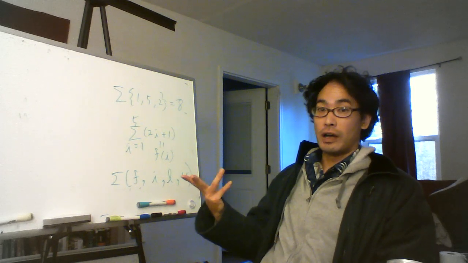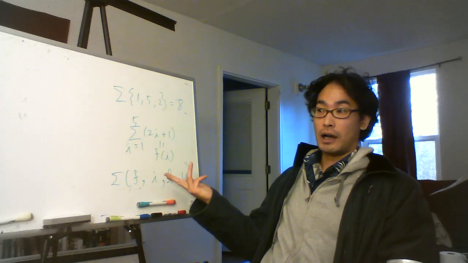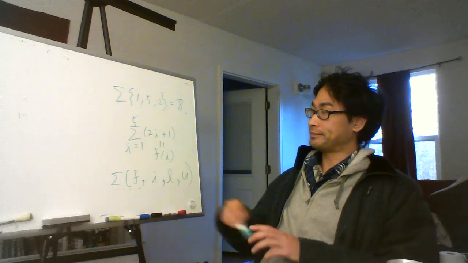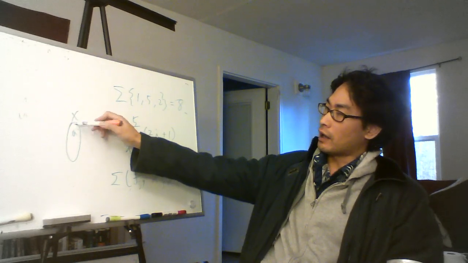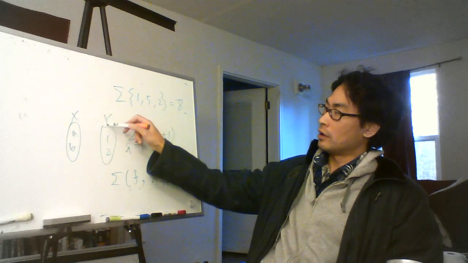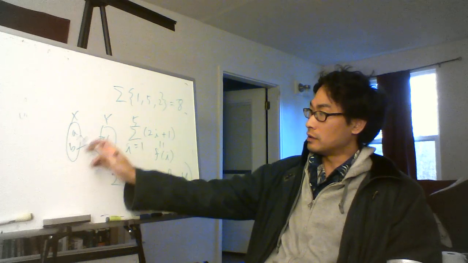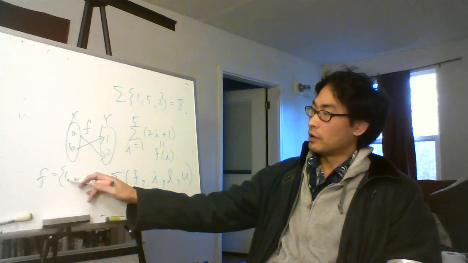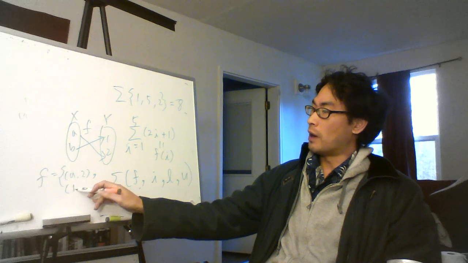What is a function then? We already defined a function. A function is a set of tuples. Let's say you have a domain A and B, and you have 1 and 2. Let's say there is a function that goes like that. Then this function f is a set of tuples: (a, 2), (b, 1).